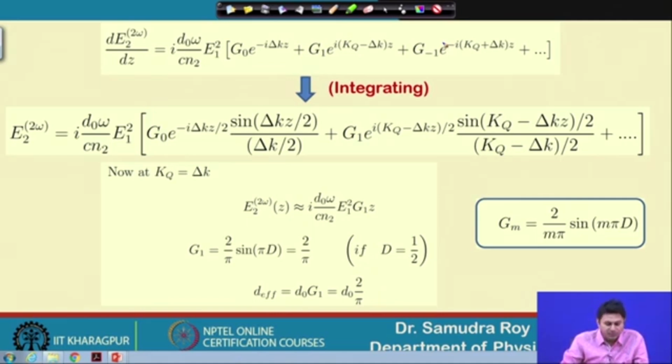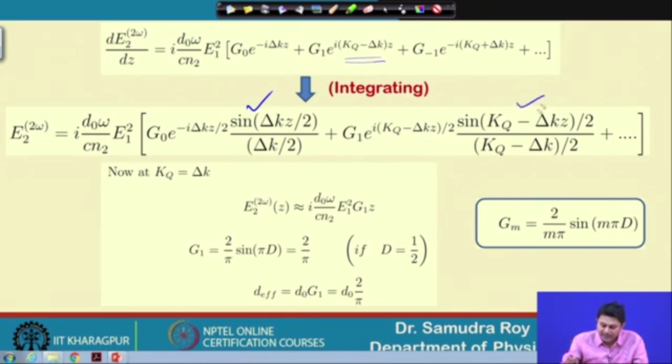So, if I integrate, we know what the value should be. For the first case, it is some sort of sine function: sine of delta k z by 2 divided by delta k by 2. This is the old term that we have already calculated. For the second term, we will have exactly a similar form, only delta k will be replaced by kq minus delta k.